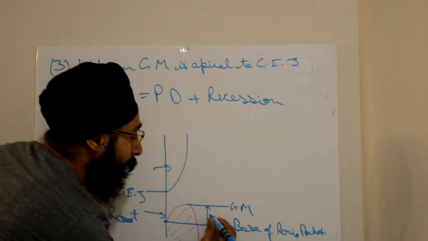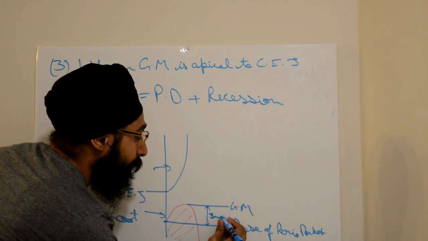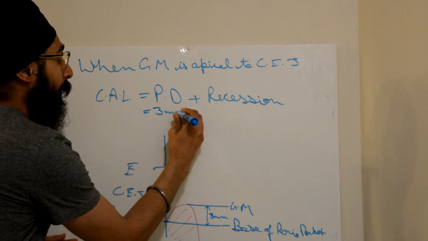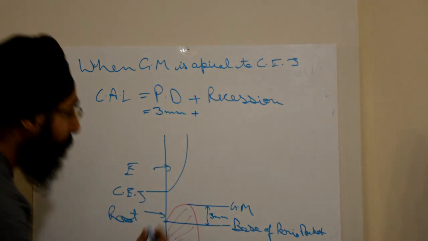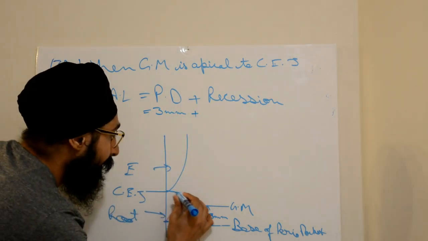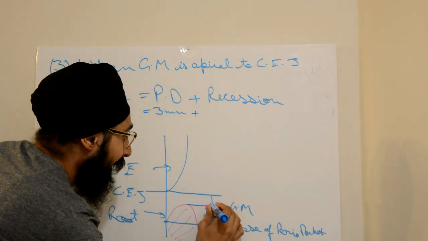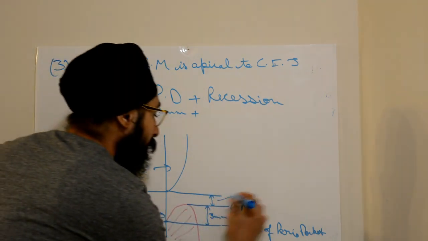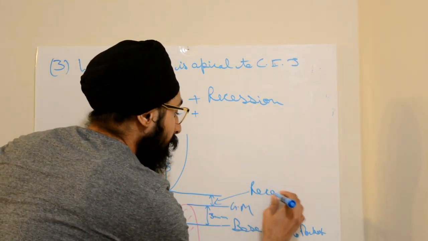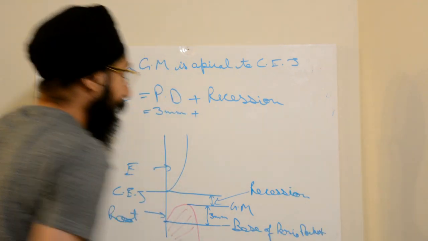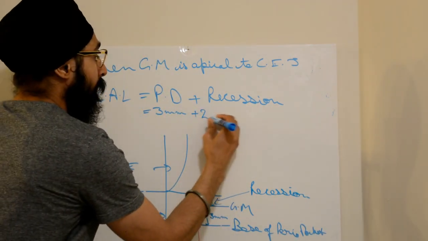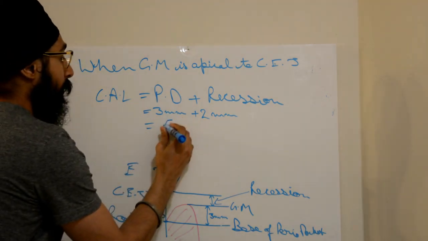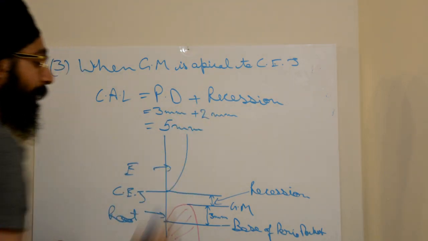Let's say this is 3 millimeter. 3 millimeter plus, this area between the cemento-enamel junction and the gingival margin represents the recession. Let's say this is 2 millimeter. So the total clinical attachment loss comes out to be 5 millimeter.